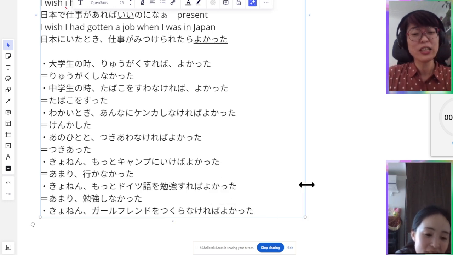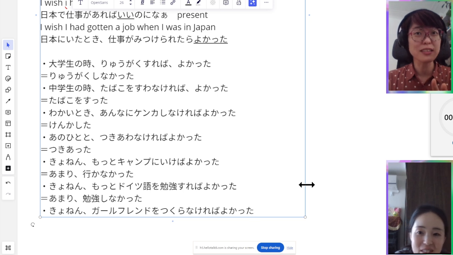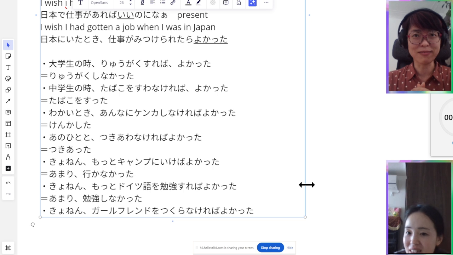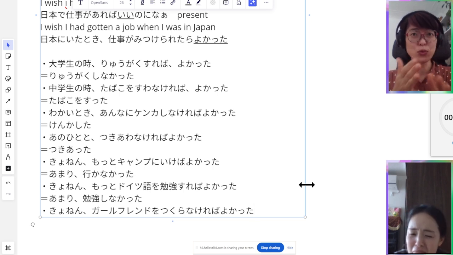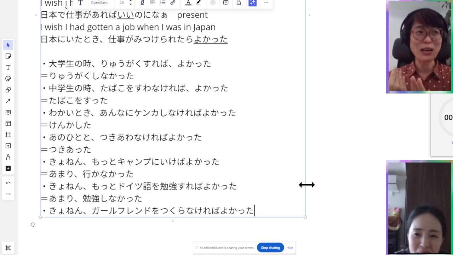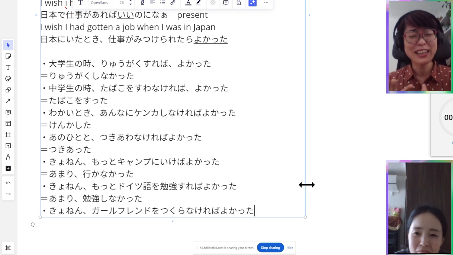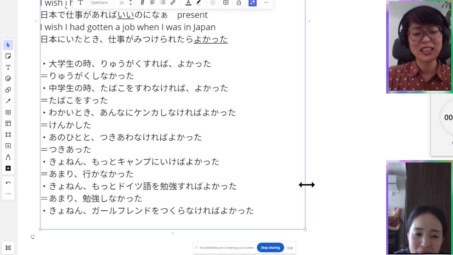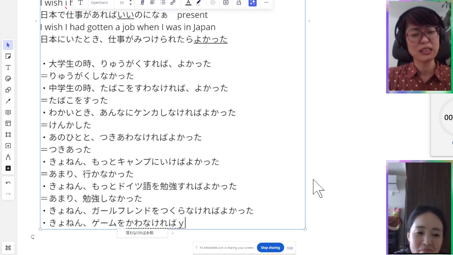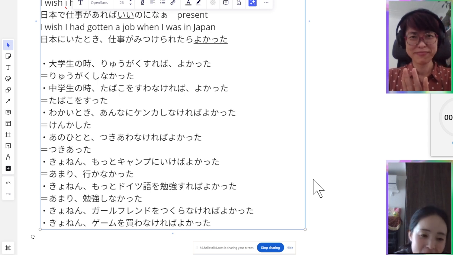It's not talking about whom to date. You are just regretting the decision of dating someone, so that your time was taken unnecessarily. ガールフレンドを作らなければよかった。去年あんなにゲームを買わなければよかった. Something that distracts us, so we regret.